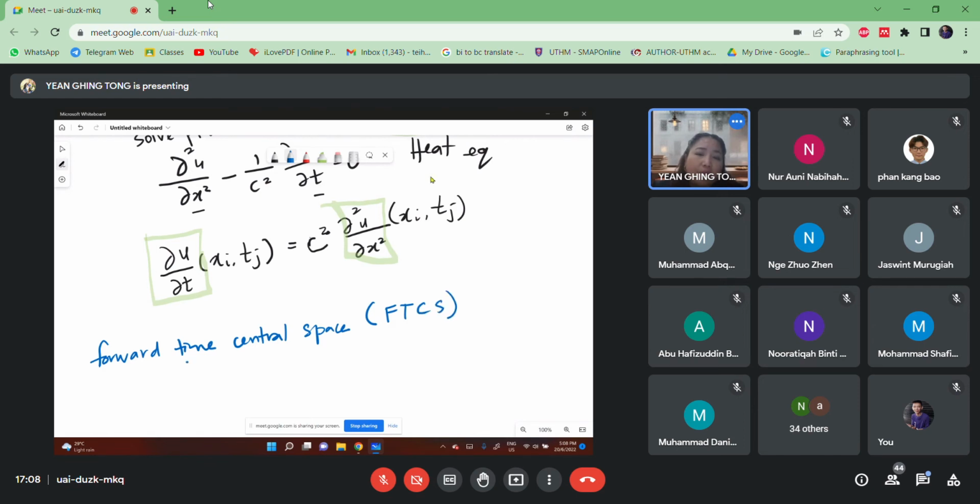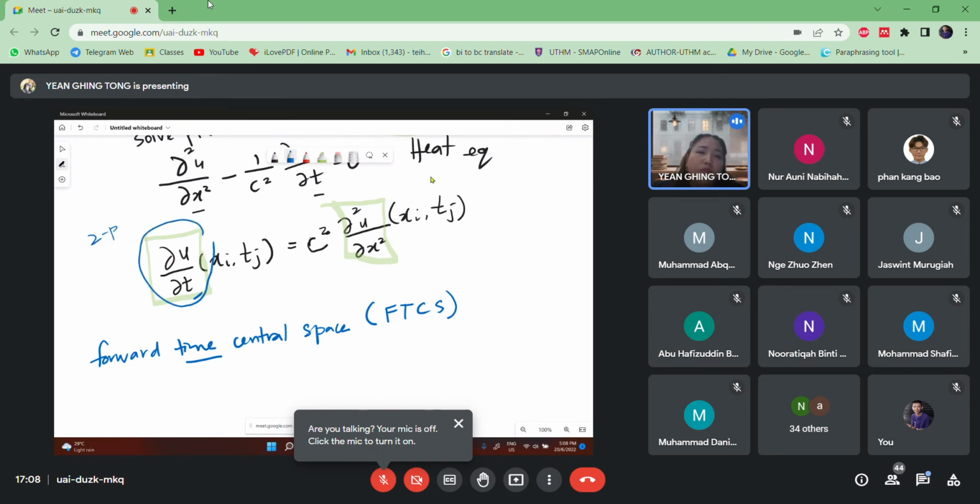Why time? Because this is over T. Forward: remember, for numerical differentiation you have 2-point forward, 3-point forward, 3-point center, 5-point center. So this one we will use based on the 2-point forward equation.